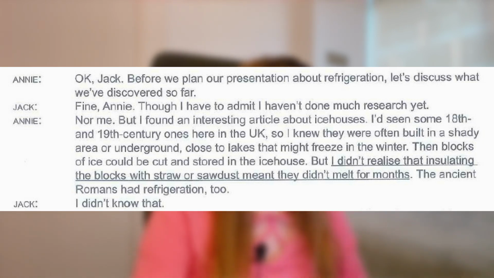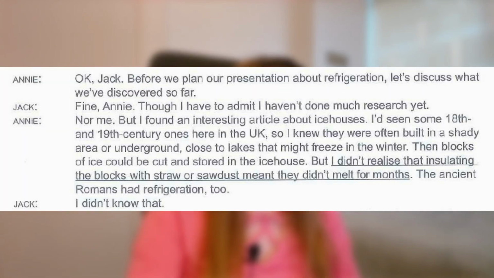Then she says that these blocks of ice could be cut and stored in the ice houses. But I didn't realize that insulating the blocks with straw and sawdust meant they didn't melt for months. Here you can say that I see 2 answers: the location, it's C, and how they were kept frozen.